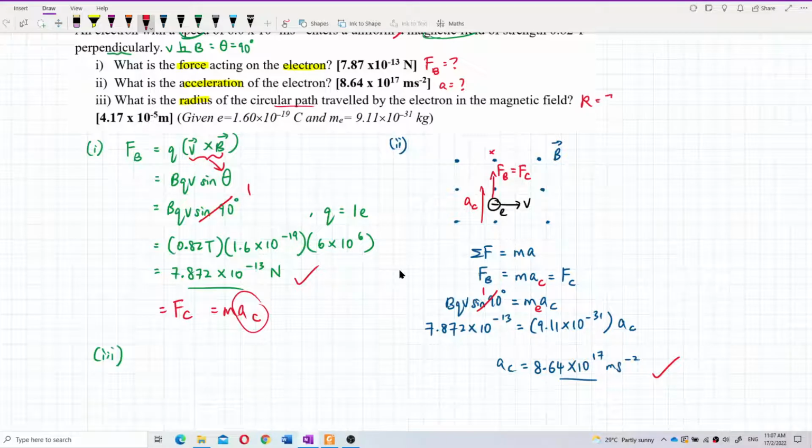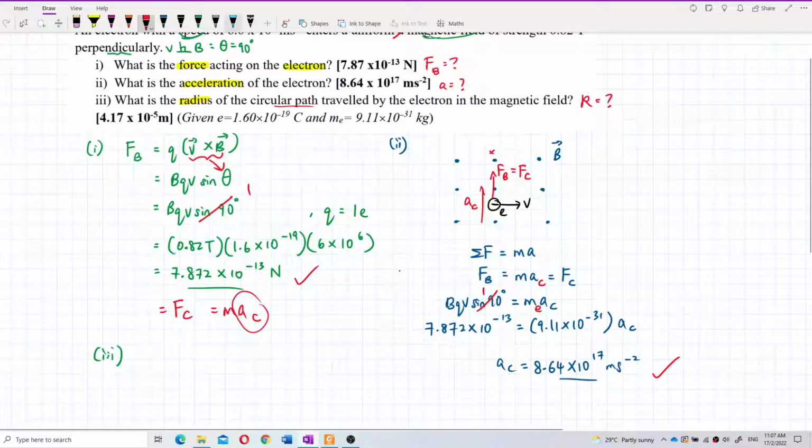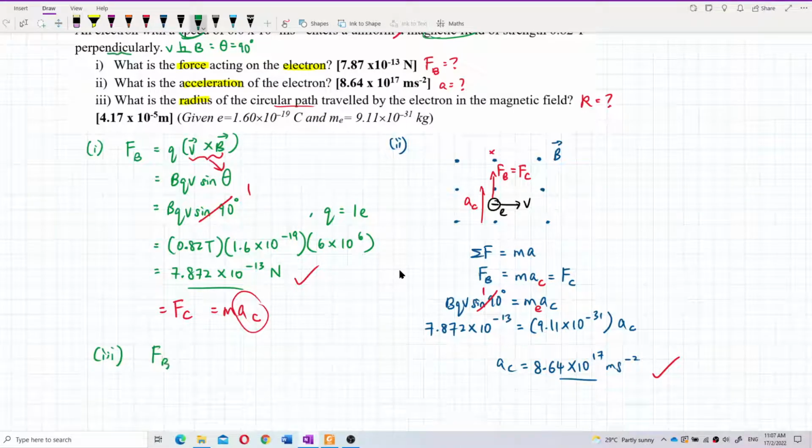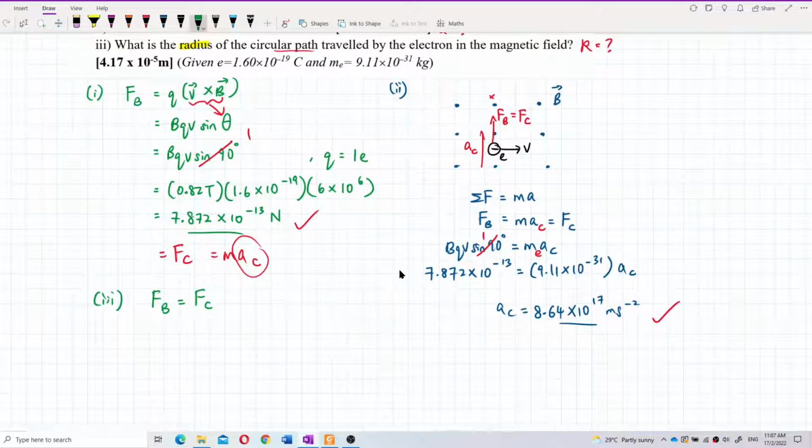For this you use the formula FB equal to FC. BQV sine 90 equals mv square over r.